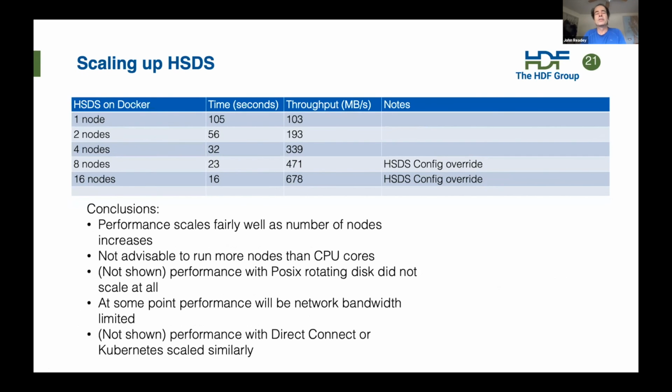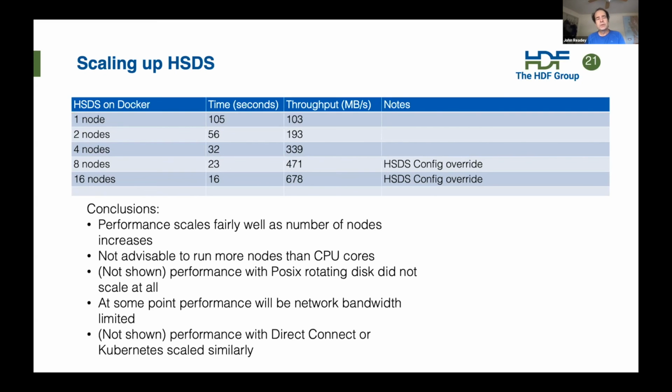I'm very curious, how does it scale as you increase the number of nodes on the service? And we see here, we ran the same test case again with either 1 node, 2 nodes, 4 nodes, 8 nodes, or 16 nodes. On this particular machine, you wouldn't want to go beyond 16 nodes because you'll be CPU constrained in your access.